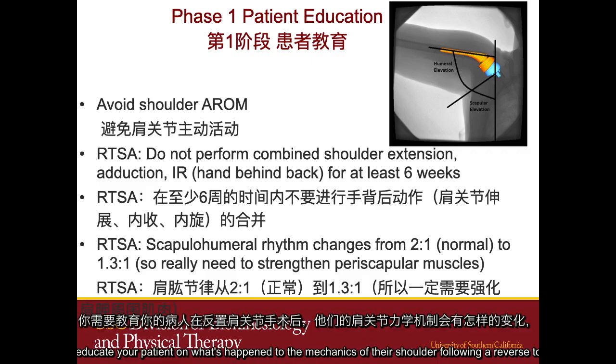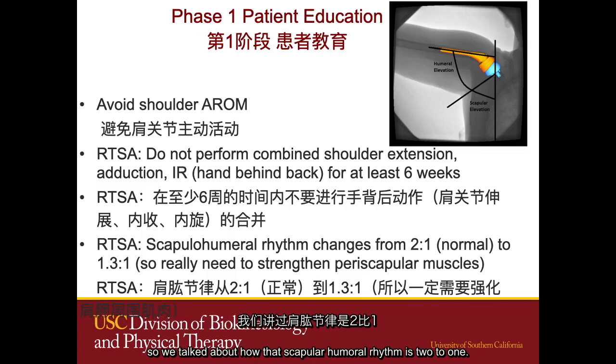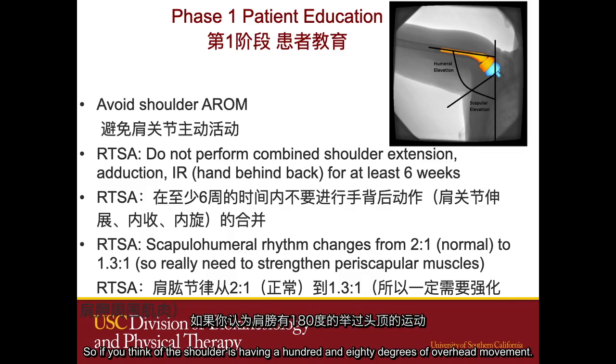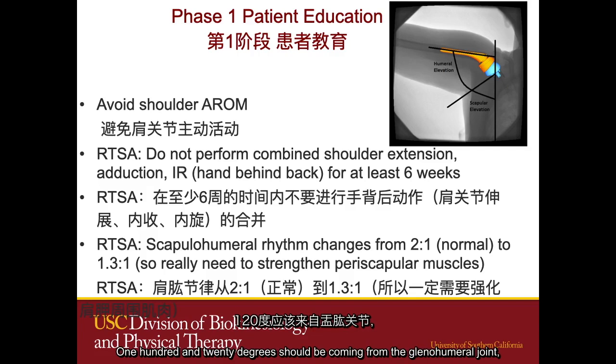Also, you want to educate your patient on what's happened to the mechanics of their shoulder following a reverse total shoulder. So we talked about how that scapulohumeral rhythm is 2 to 1. If you think of the shoulder as having 180 degrees of overhead movement, 120 degrees should be coming from the glenohumeral joint, and 60 degrees should be coming from the scapula.